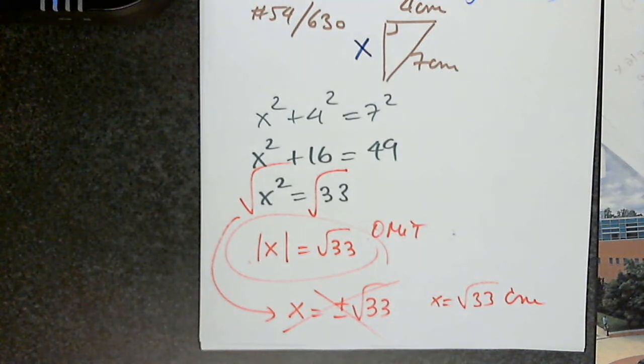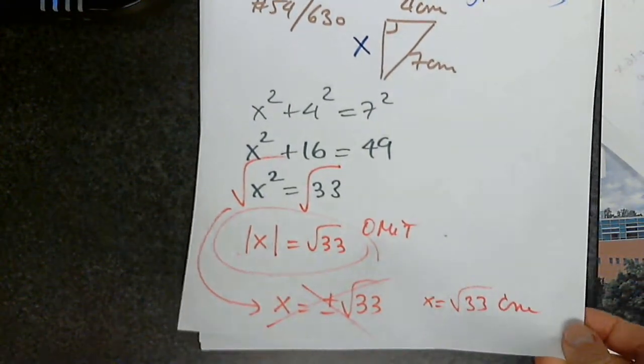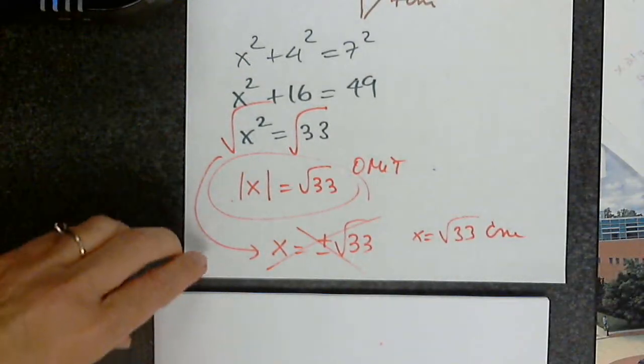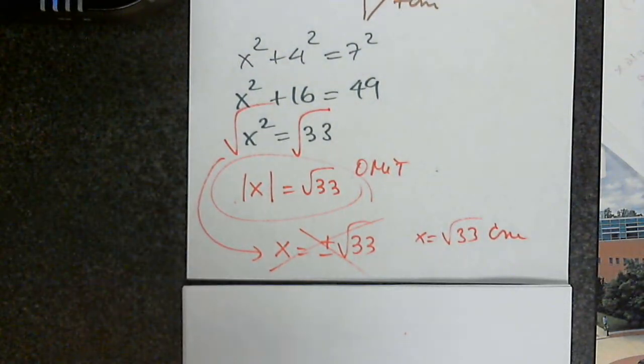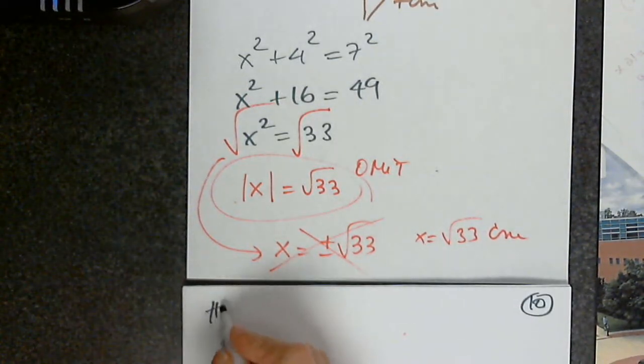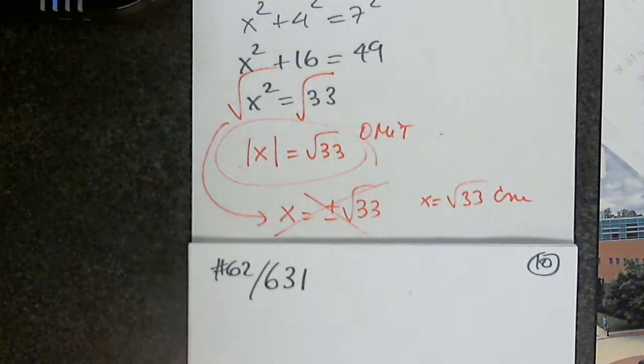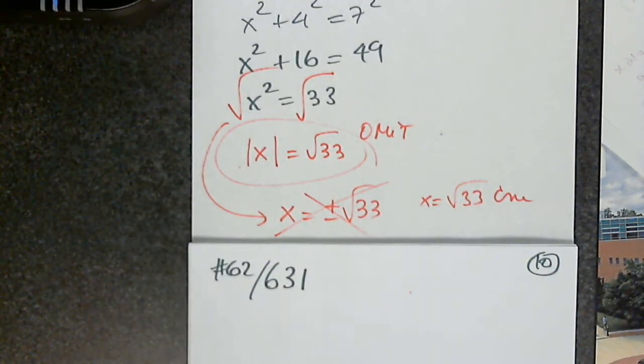Okay, let's look at a word problem here in which we have a right triangle to apply the Pythagorean theorem. Let's say 62 on 631. A wire is to be attached to support a telephone pole.